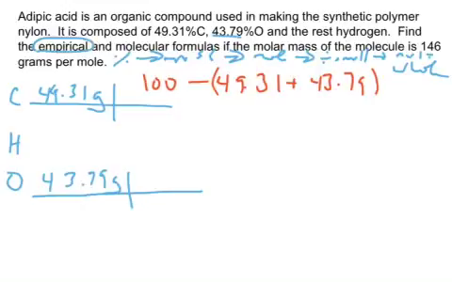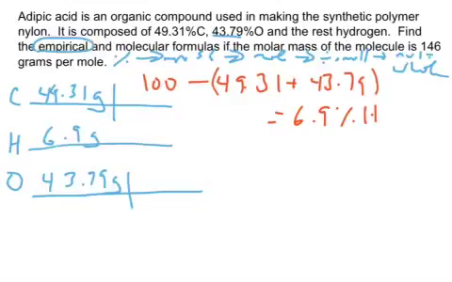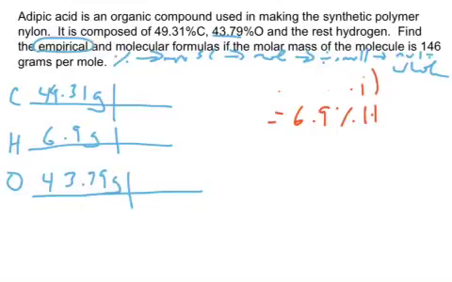So when I do that, I'm going to get 6.9% hydrogen. Okay, so I'm going to carry that number over to the left, and I'm going to say 6.9 grams of hydrogen. Then we're going to take that and run it through our little rhyme and figure out our empirical formula.